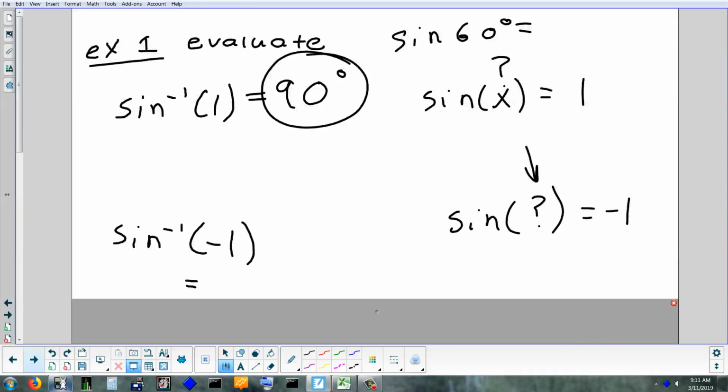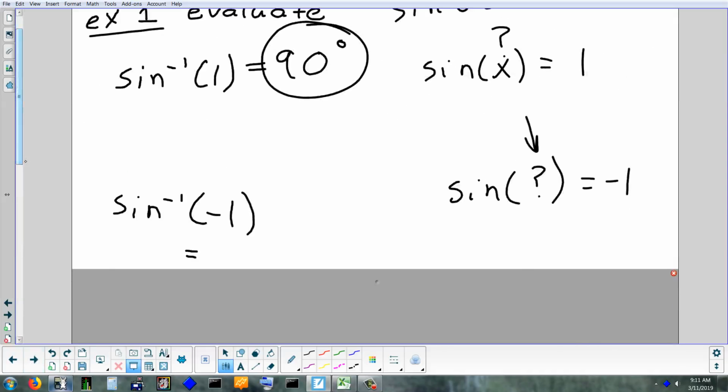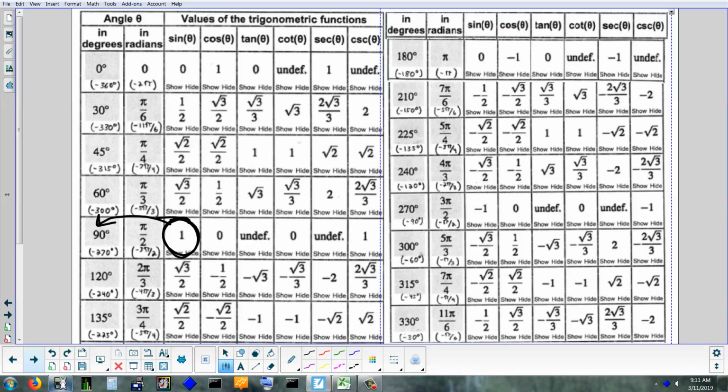Okay. Anybody think they got this one? The sine of what angle comes out to -1? Is it -90? Let's take a look at the chart. So we go down the sine column. I see -1. And now I have a choice. On your chart, there's two numbers written, 270 and -90. How do I know which one?